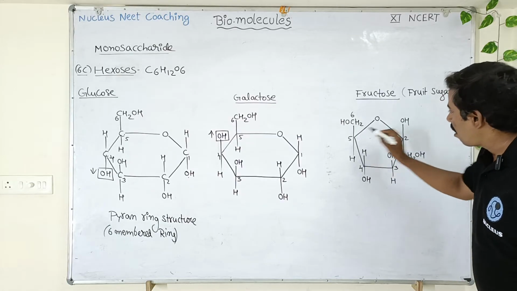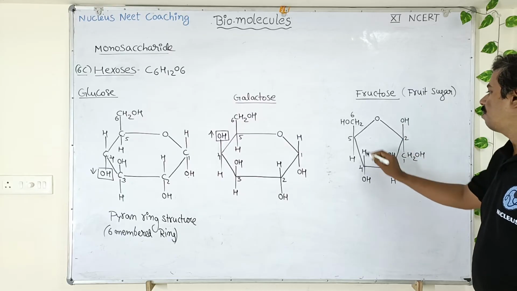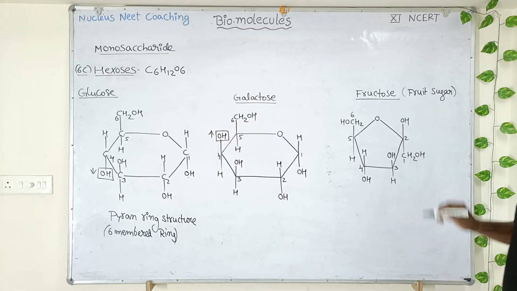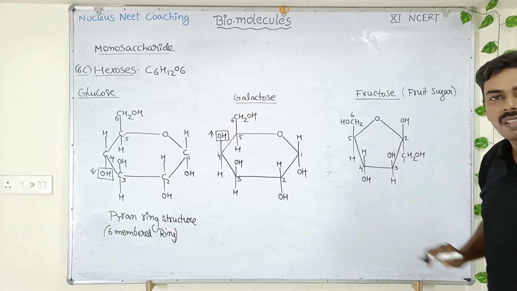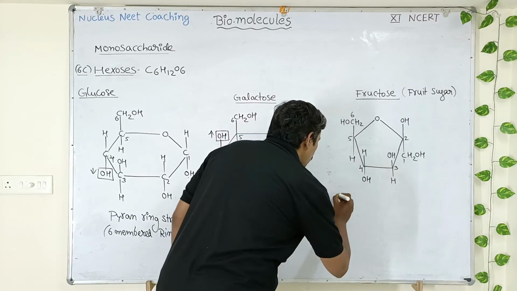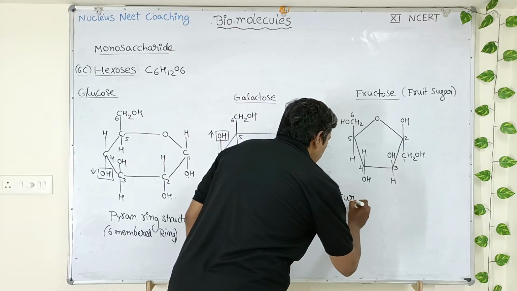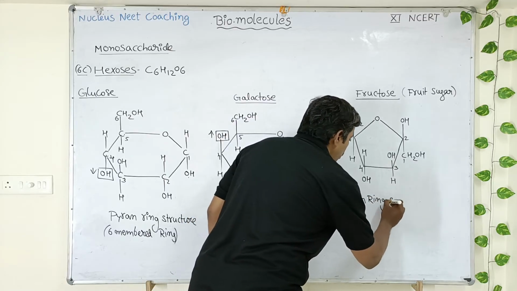In this ring there are how many members? Look here students, 1, 2, 3, 4, 5. I'm sorry, there are only 5 members in the ring structure. So this is called a furan ring structure.